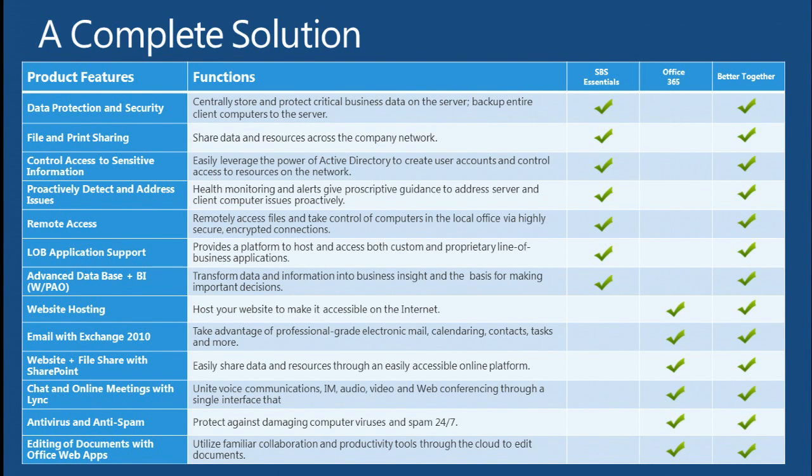But locally, storage is cheap, and external USB hard drives are super cheap, so you can plug them in and take them out. So really, the combination of Office 365 and SBS Essentials together gives you that full end-to-end solution.